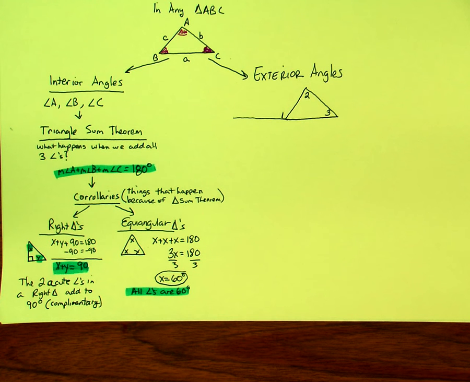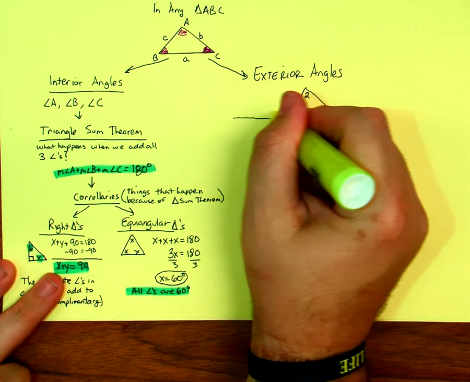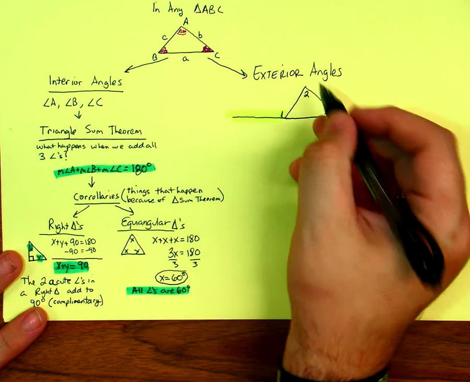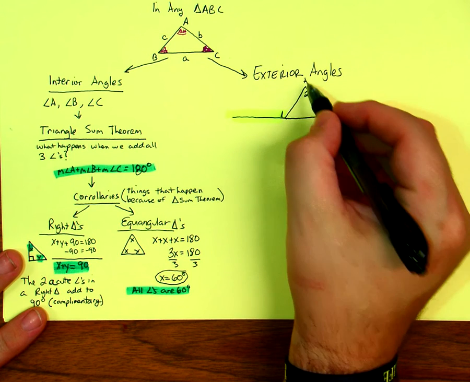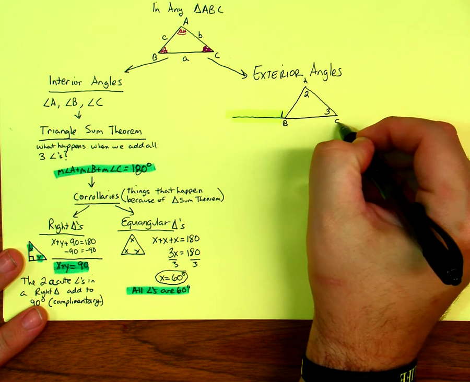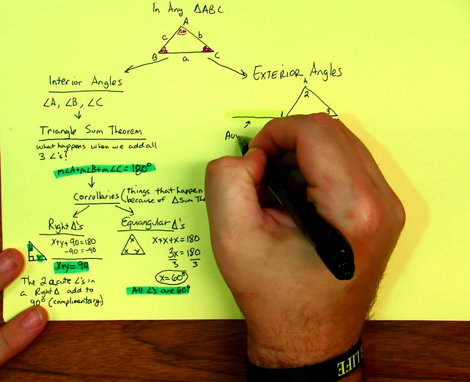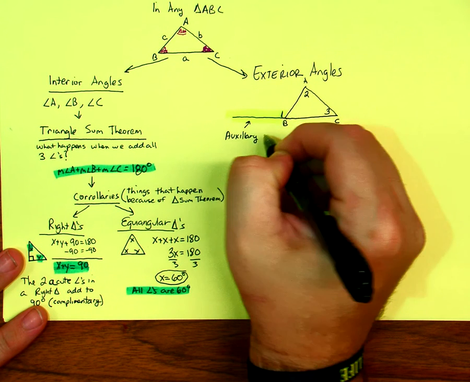So what would you say were interior angles? Yeah, that was all the inside angles. Now, I know yellow highlighter on yellow paper really doesn't work all that well, but I have a triangle here, and I'll say that's A, B, C. Now, this line right here is called an auxiliary line, or you could call it an auxiliary segment.